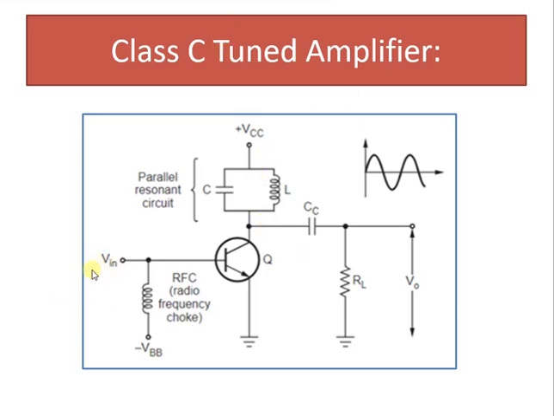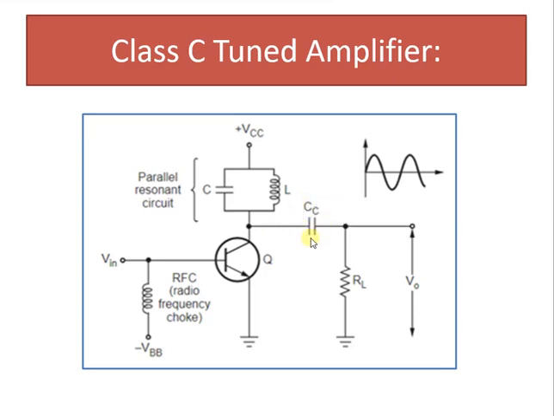Here the AC input drives the base and the amplified output is available at the collector. The amplified and inverted collector voltage is connected to the load resistance RL through the coupling capacitor, which is represented as CC.